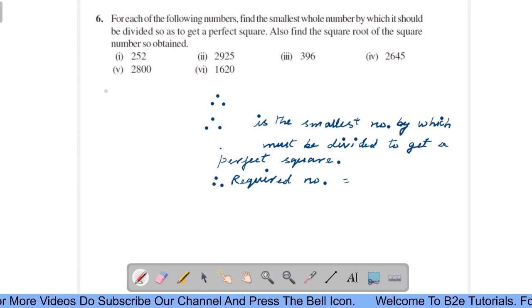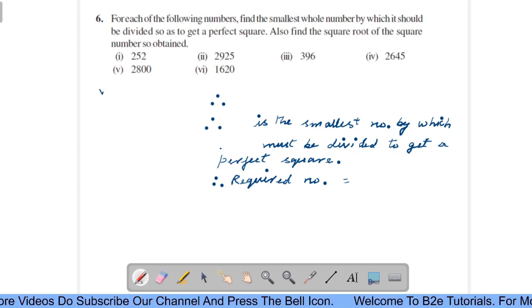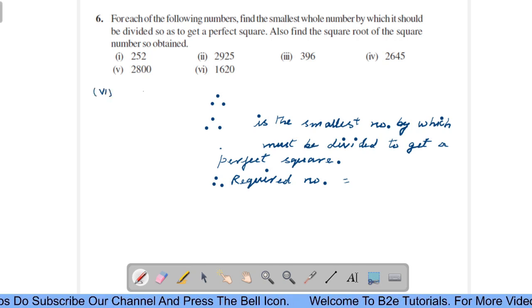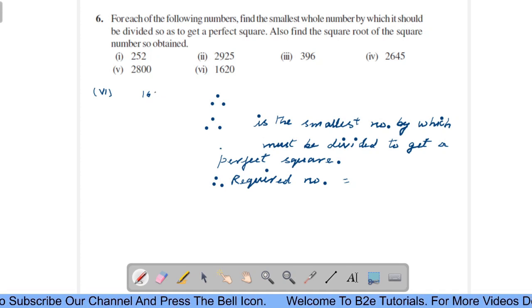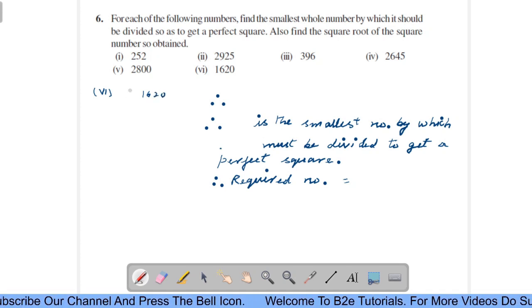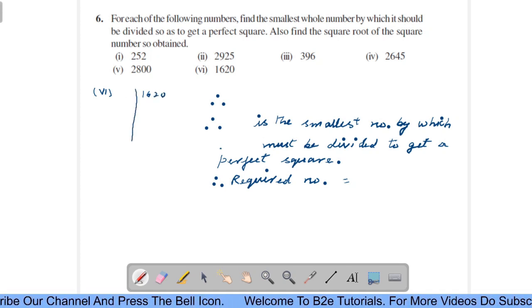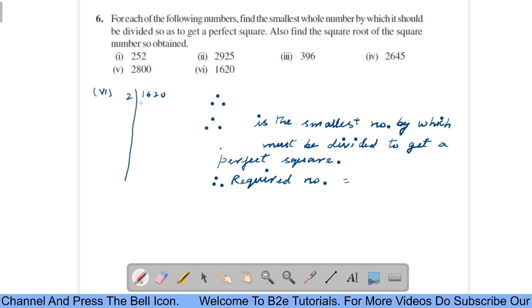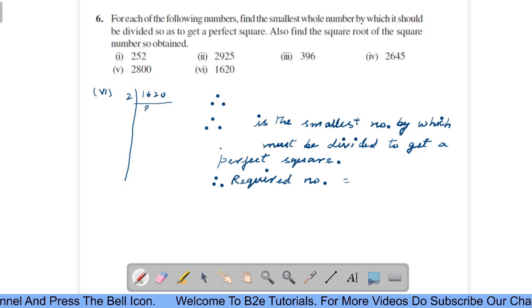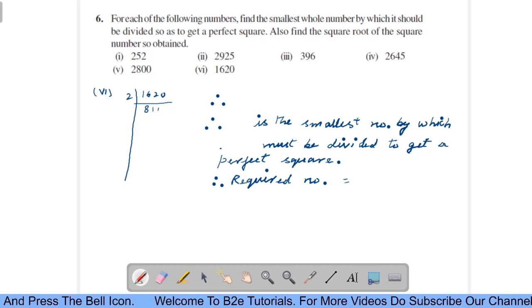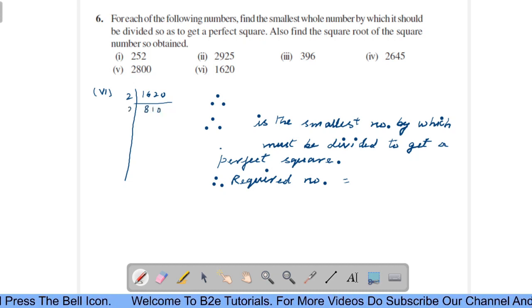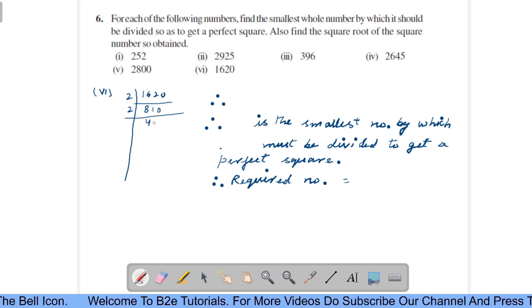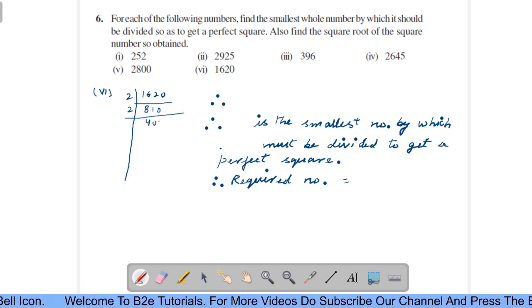The sixth part. It is 1620. Find out prime factors of 1620. Divided by 2, it will be 2 8 is 16, 2 1 is 0. Again by 2, it is 2 4 is 8, 0, 5.